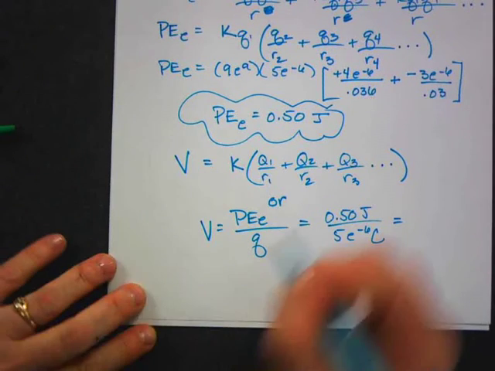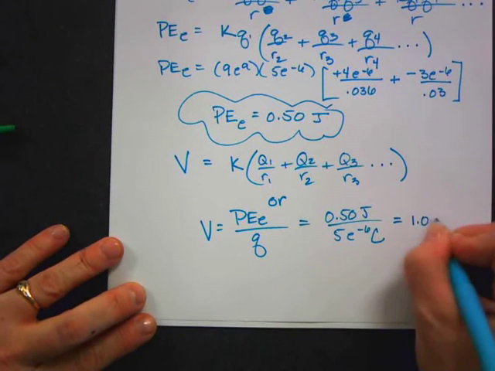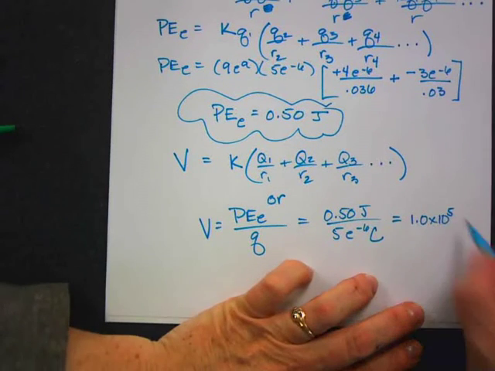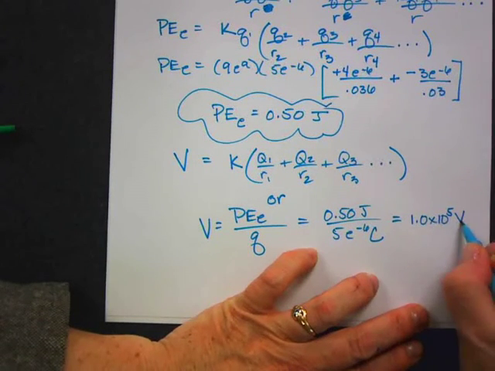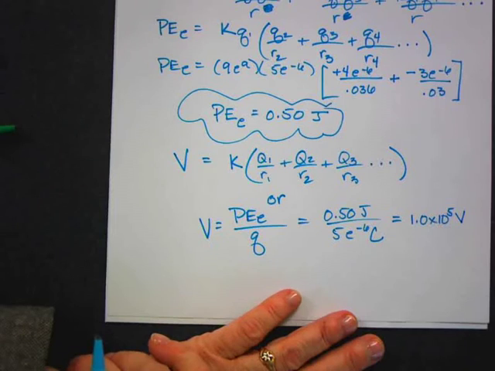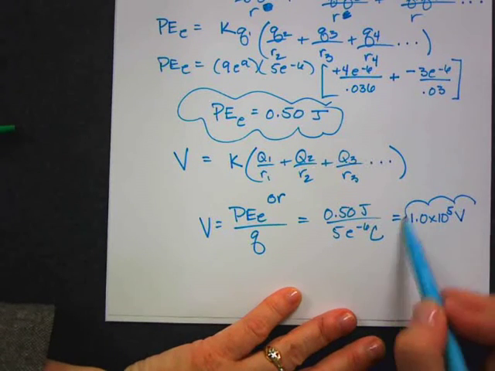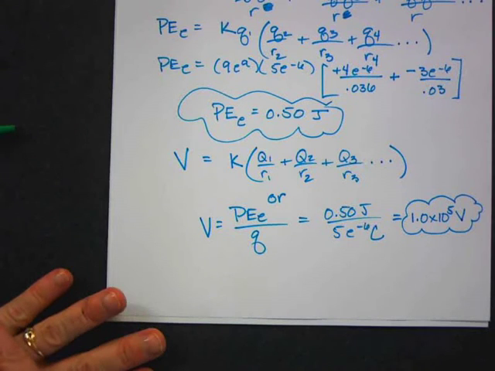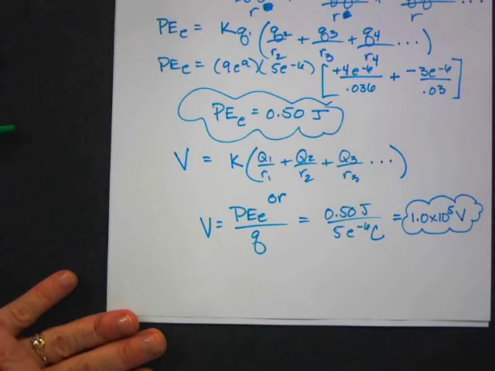And when we type that into Herschel, it's either joules per coulomb or volts.